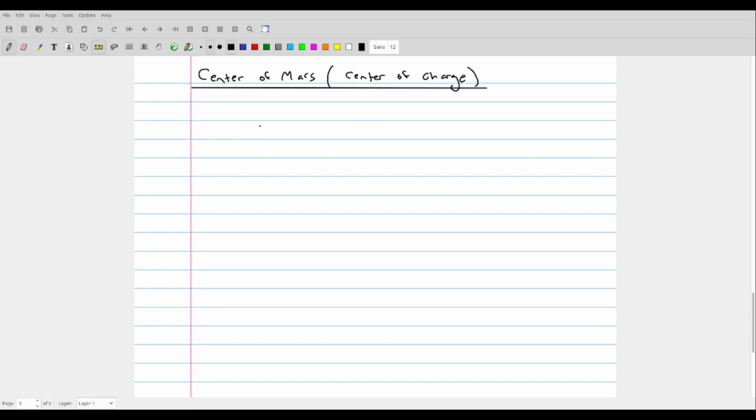So the x-coordinate of the center of mass, given a density function, is going to be the first moment about the yz plane over the total mass.